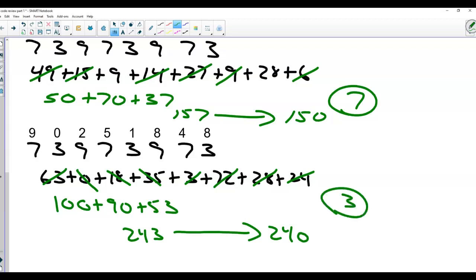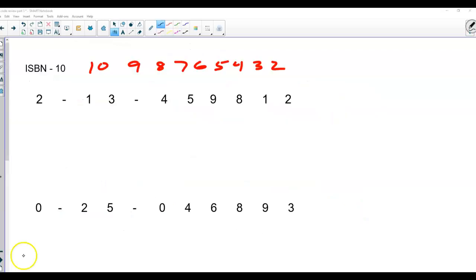So UPC code, next multiple of 10. These two are the bank code, previous multiple of 10. It's integral. 10, 9, 8, 7, 6, 5, 4, 3, and 2.